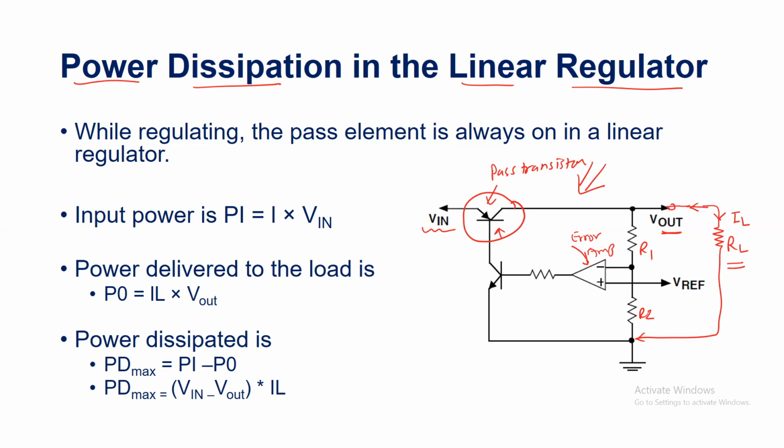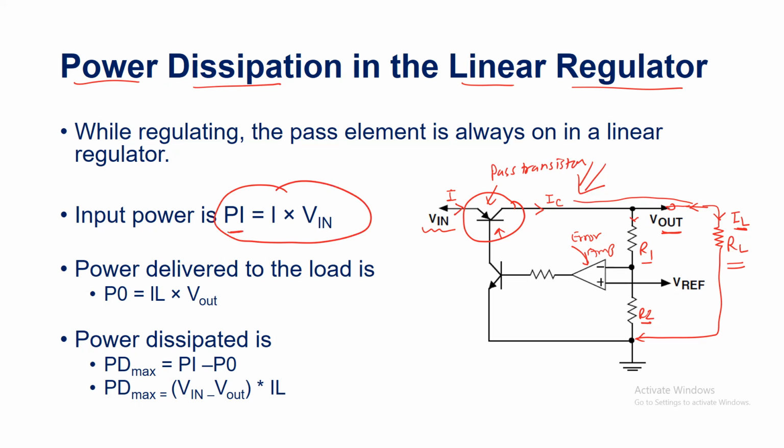So when this transistor is on, it means it is going to have current passing through it. For example, this is the input current coming through the circuit, and that current is essentially the collector current, which is actually your current flowing through the load, neglecting the current through R1 and R2.